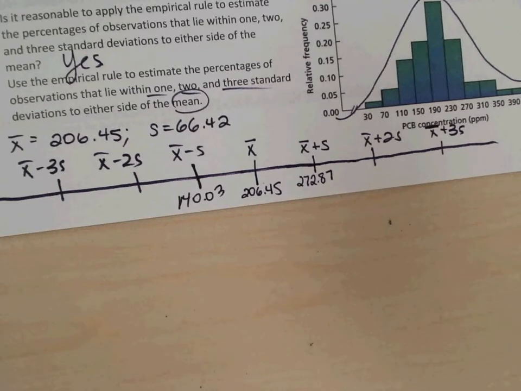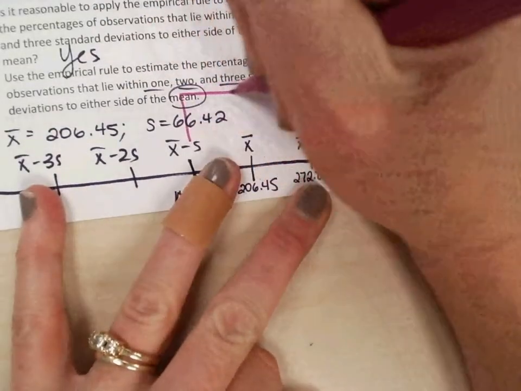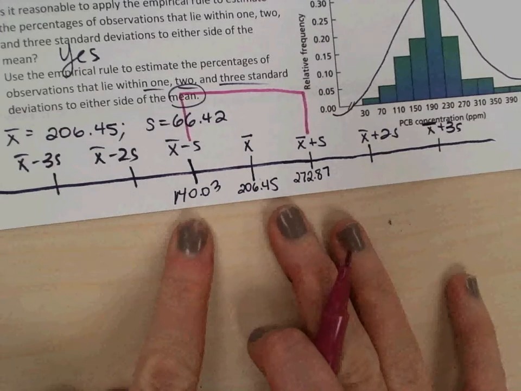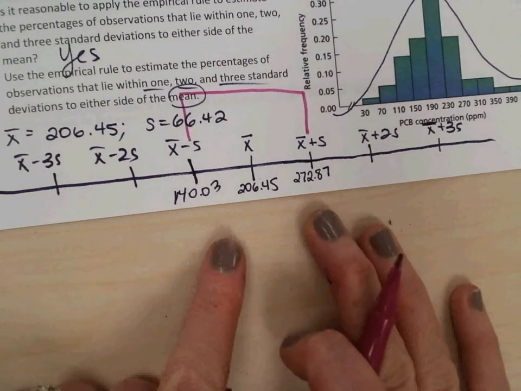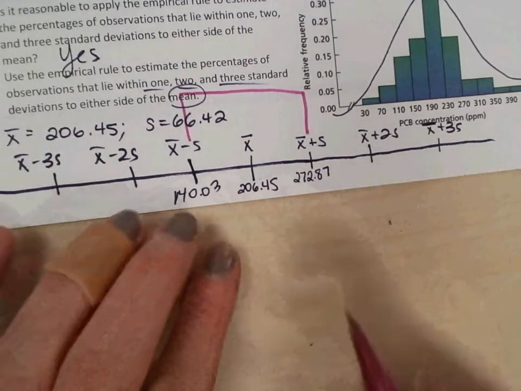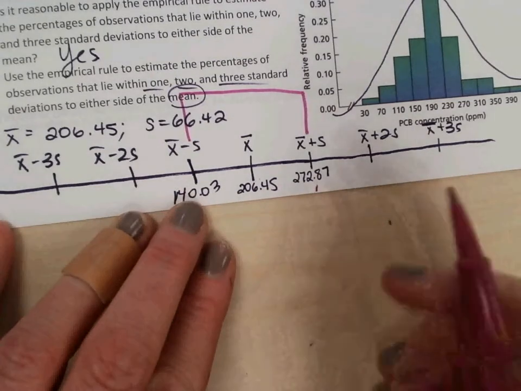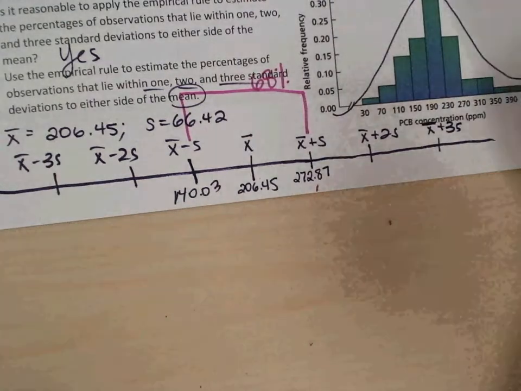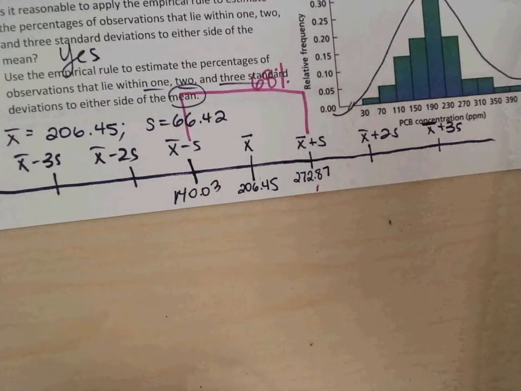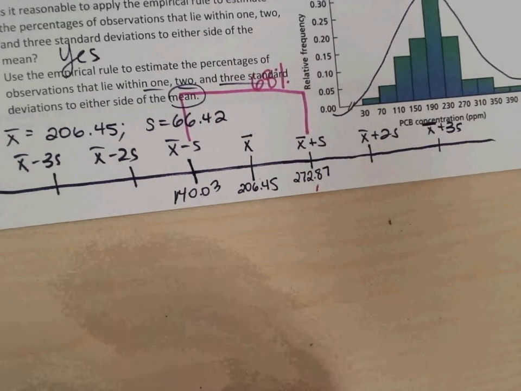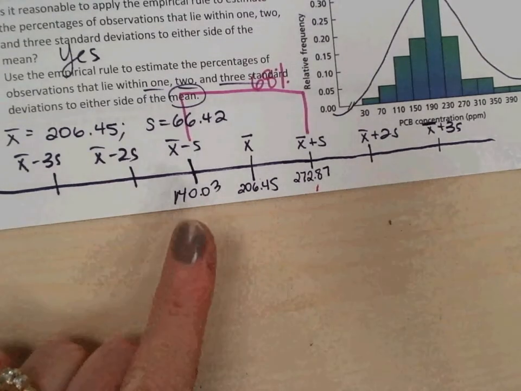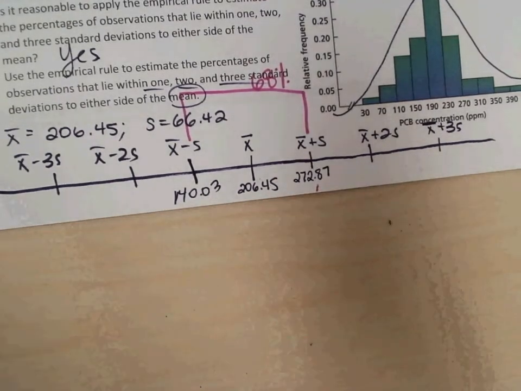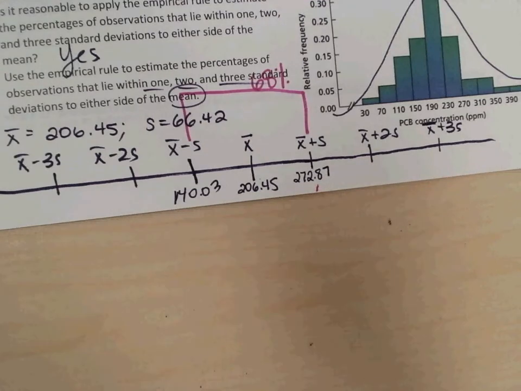What percent of the data would I expect to find within the range 140.03 to 272.87? 68%. So 68% of those eggshells observed would have between 140 and 273-ish parts per million of PCBs in the shell.